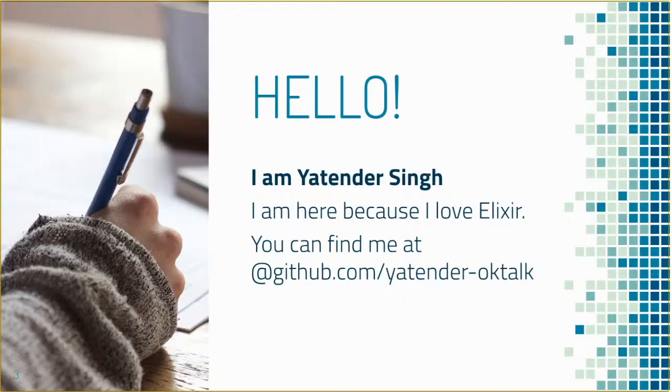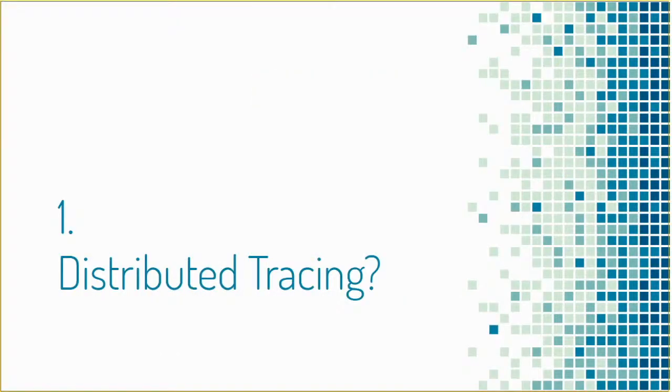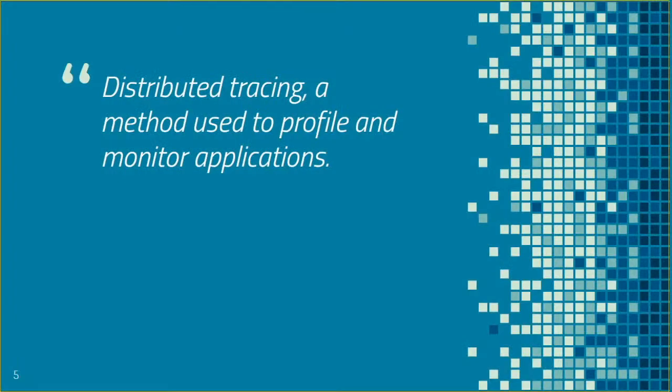So let's, without any delay, go ahead and check what distributed tracing is. You can say it's a collection of data related to an end-to-end request within multiple microservices or multiple systems. Distributed tracing is a method to profile and monitor applications.